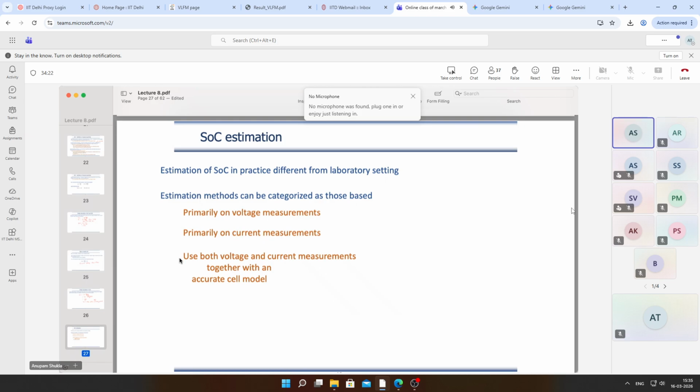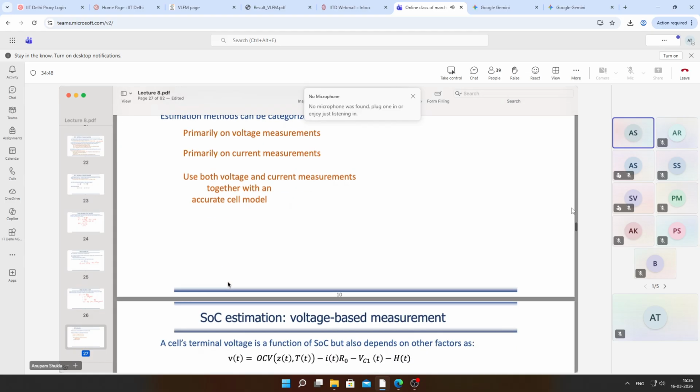Then there are categories of method where both voltage and current measurements are used together. Usually these methods will also use some model of the cell. Of course, the model is expected to be accurate. And if we can do it well, then it can estimate the SOC of the cell.